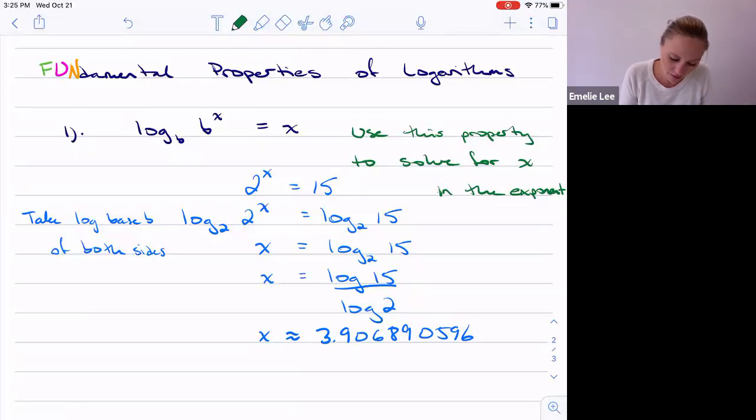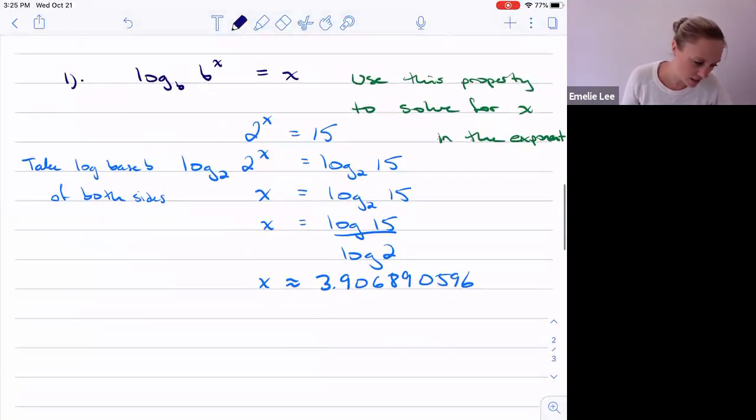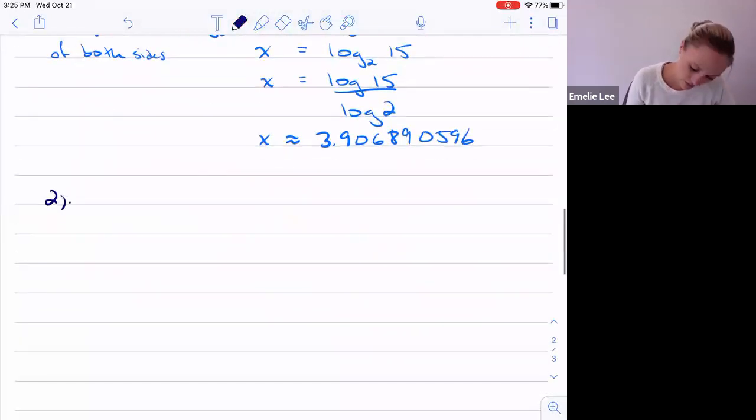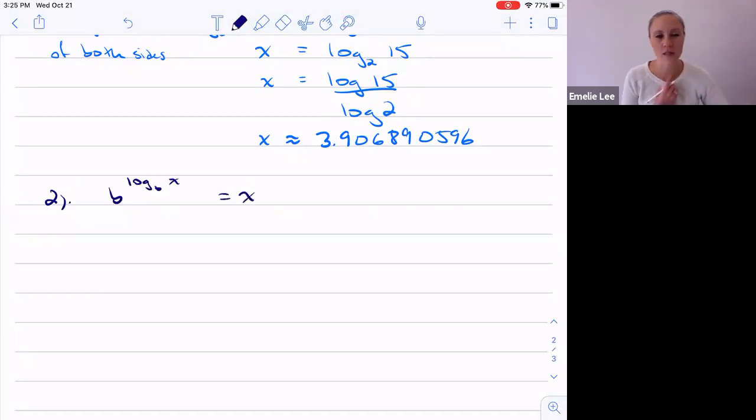Okay, so the second fundamental property is this: b to the power of log base b of x is equal to x. So how would we use this?